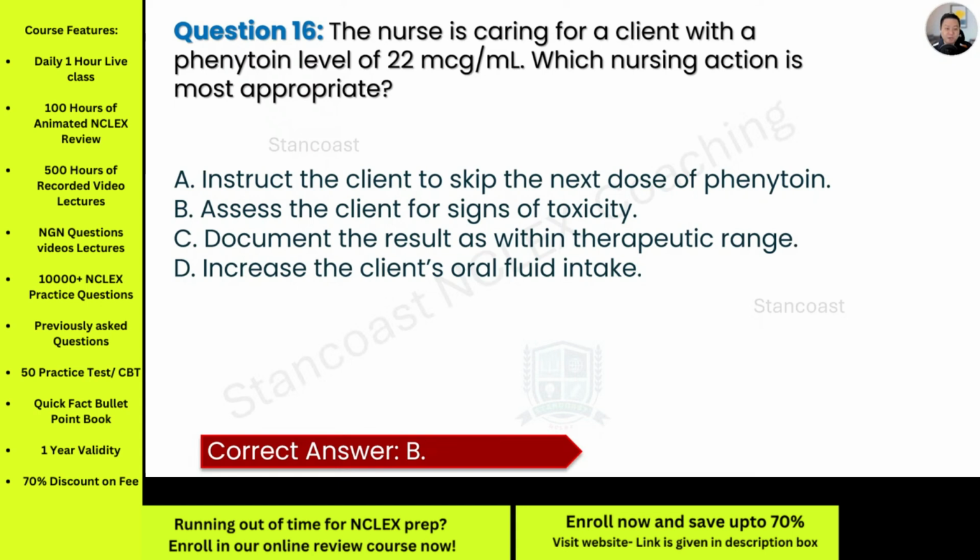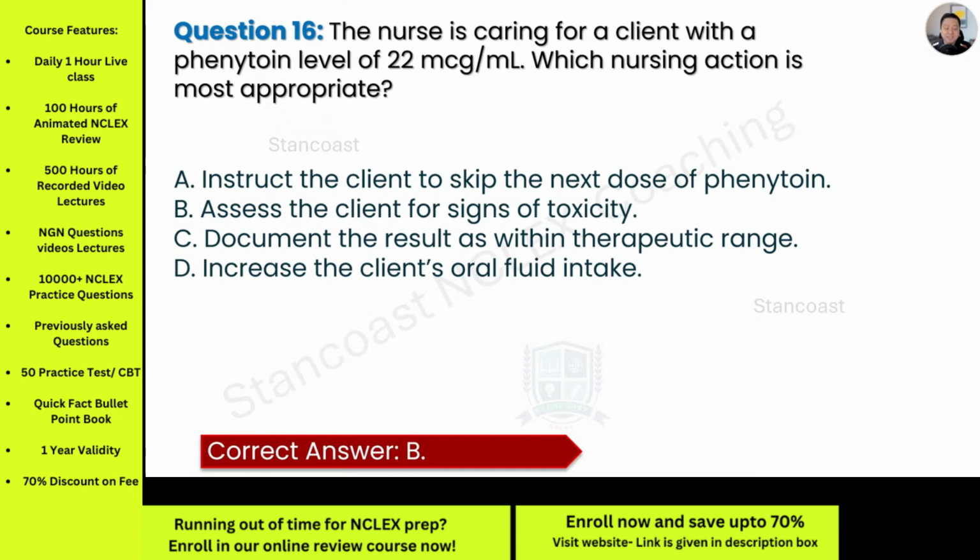Remember the therapeutic range of this drug, it's between 10 to 20 micrograms per ml, and 22 is already above the upper limit. So this is a risk of toxicity. Let's recall the manifestations of phenytoin toxicity, which can include nystagmus, which are rapid eye movements.